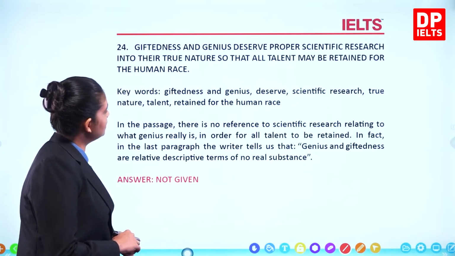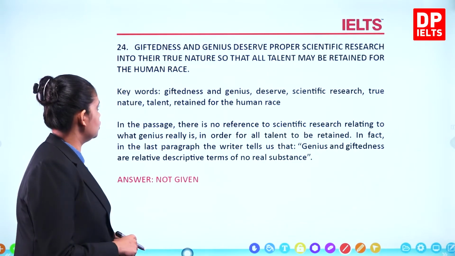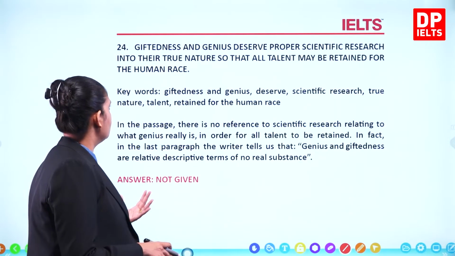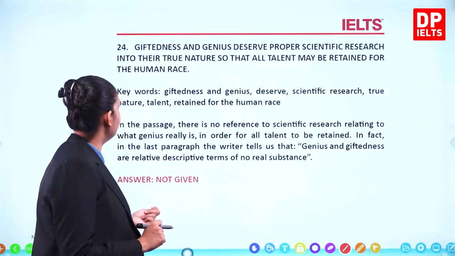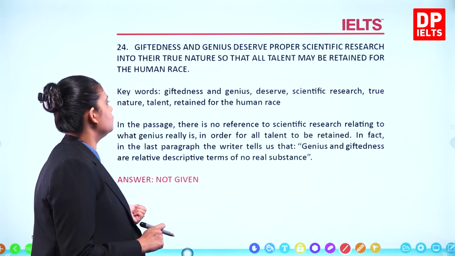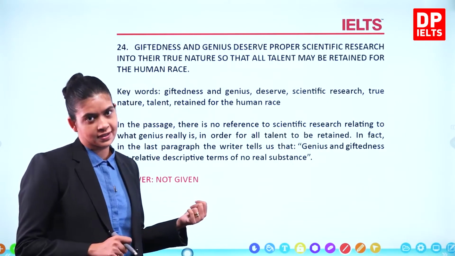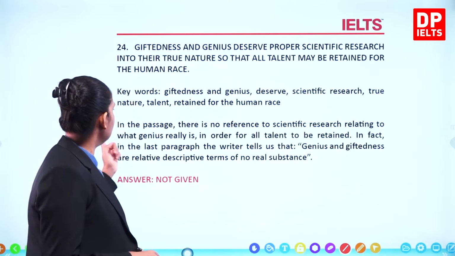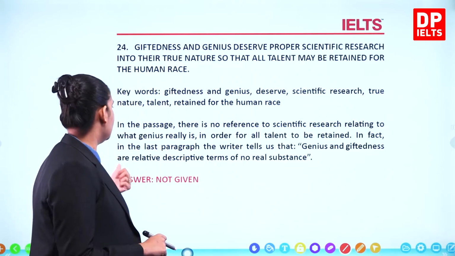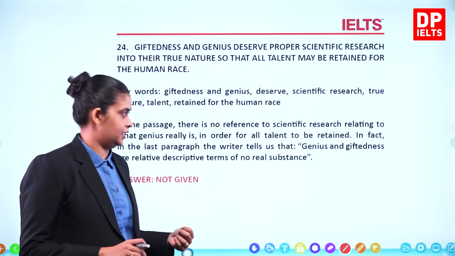24. Giftedness and genius deserve proper scientific research into their true nature so that all talent may be retained for the human race. Okay. In the passage, there is no reference to scientific research relating to what genius really is in order for all talent to be retained.